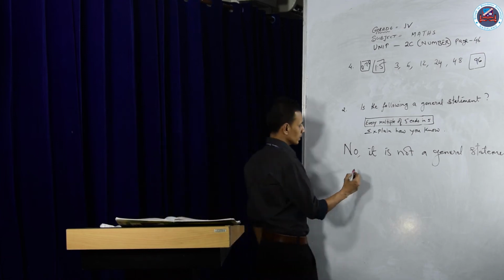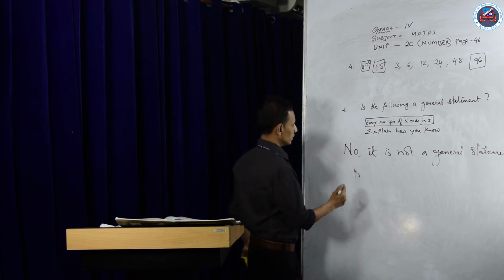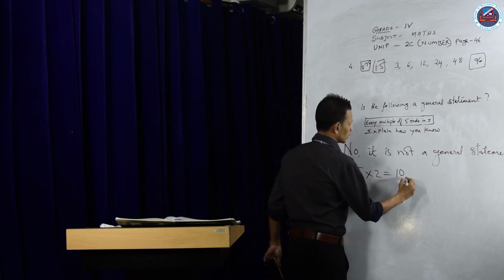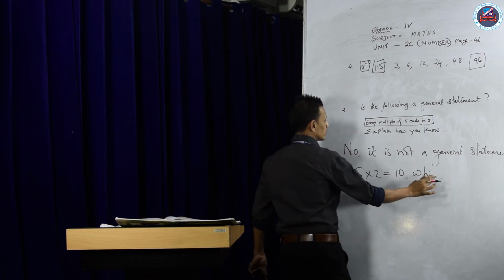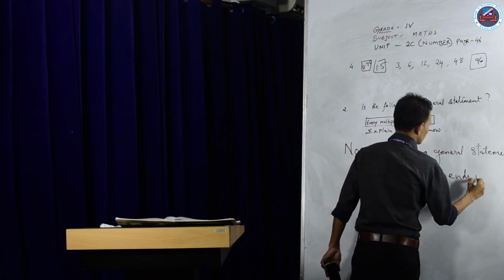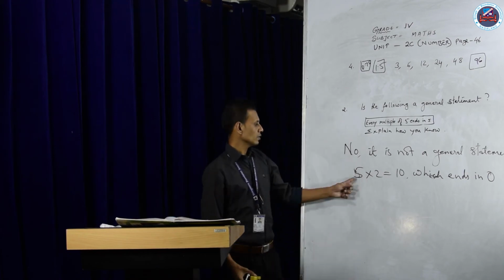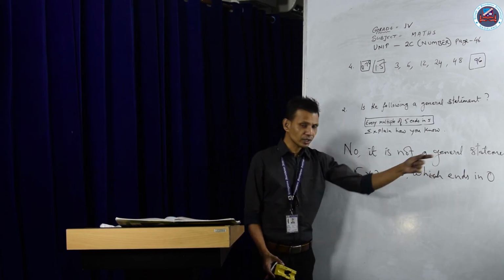How will you give an example? 5 times 2 equals 10, which ends in 0.